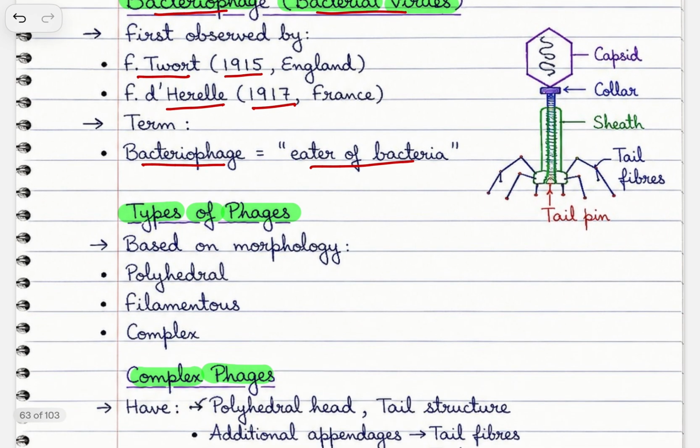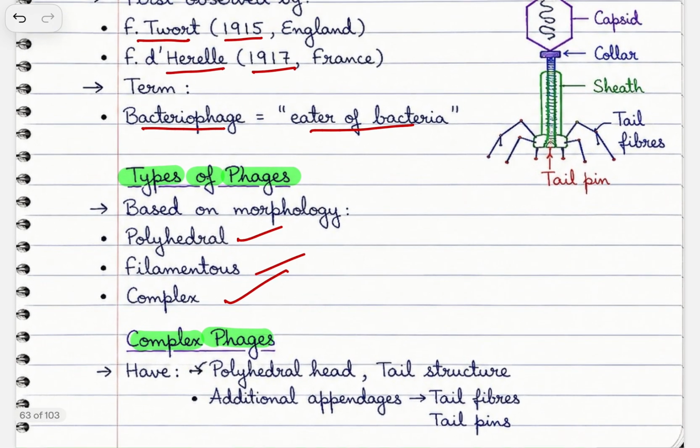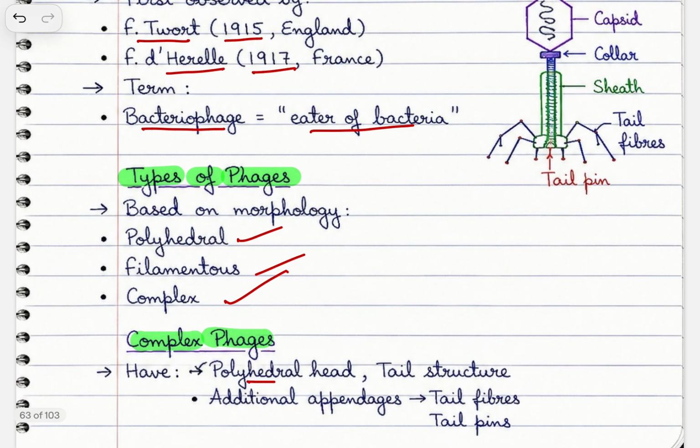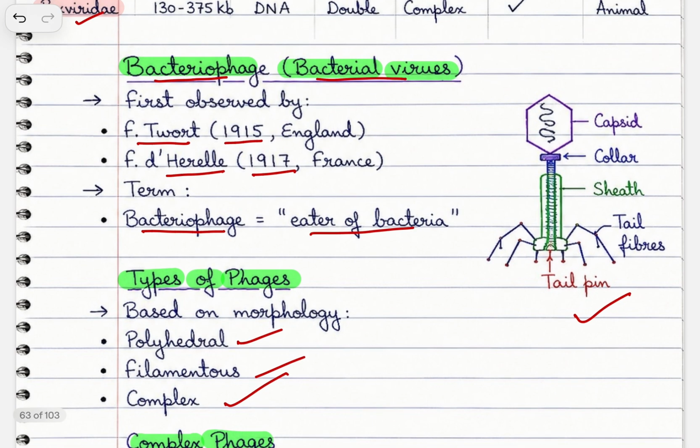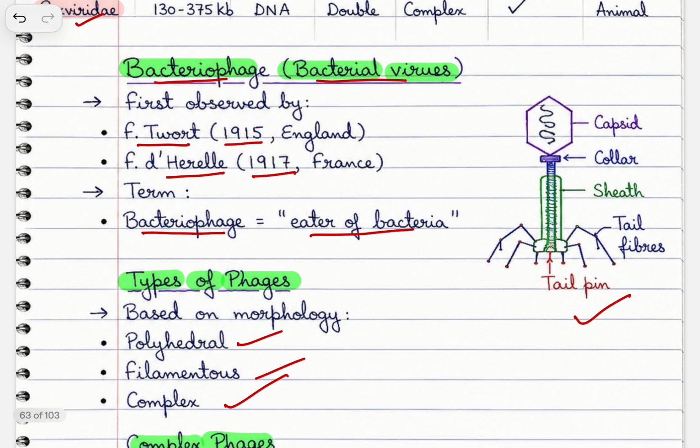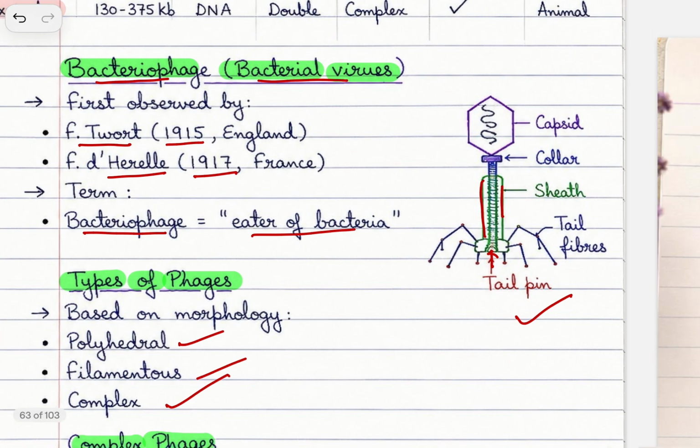Types of phages based on morphology: polyhedral, filamentous and complex. Complex phages have a polyhedral head, tail structure, and additional appendages, tail fiber and tail pin. We are talking about this structure: capsid, collar, sheath, tail fibers and tail pin.